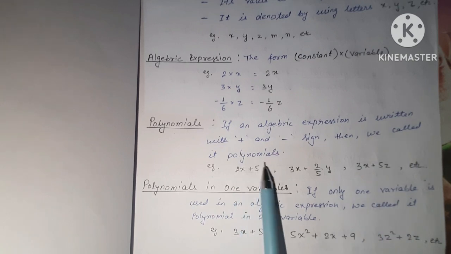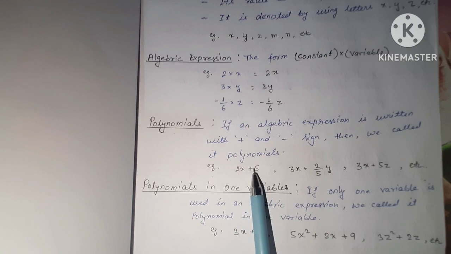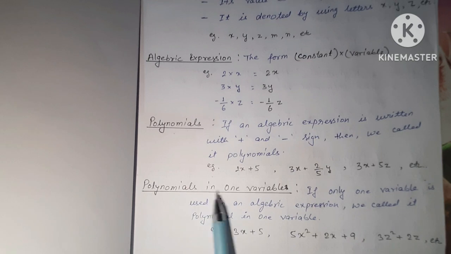So if there is any polynomial in which only a single variable is used, like here 5x square plus 2x plus 9, the variable is x in both the places. Here the variable is z. So in the polynomial, if a single variable is used, then we call it polynomials in one variable.